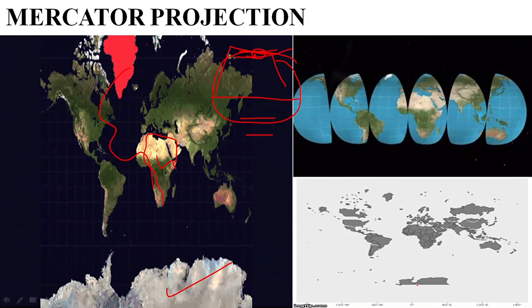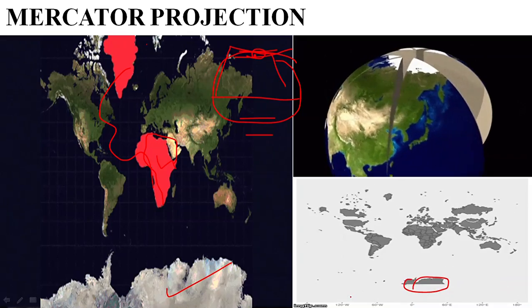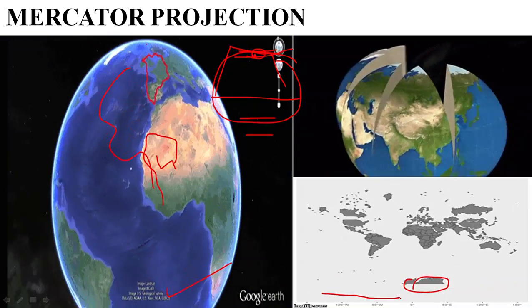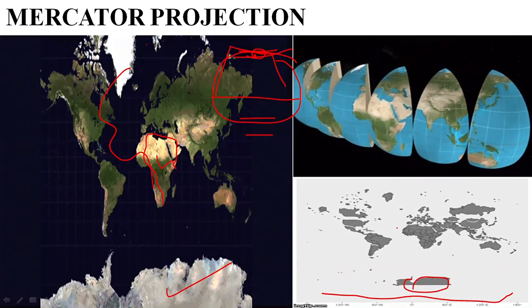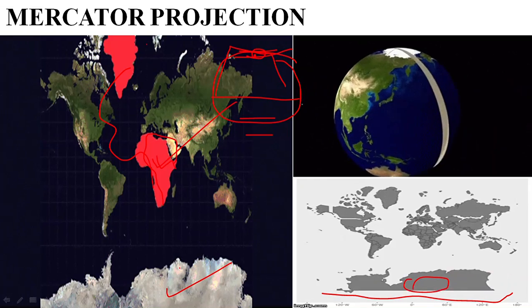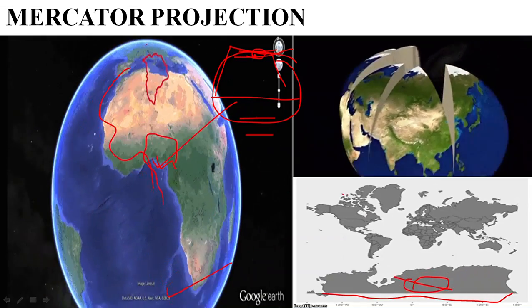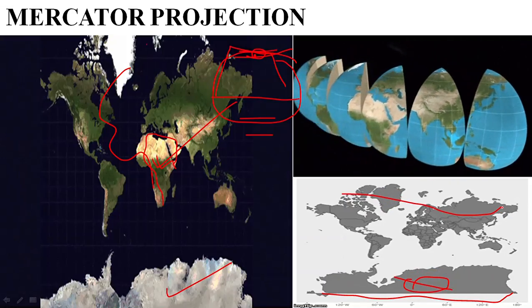That is why Antarctica is only this much in size, but on a map you can see it scattered all over the map. So there is distortion of area of Africa, and in Antarctica. All this region is distorted in the Mercator projection.